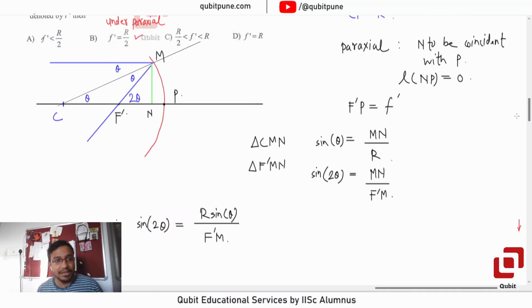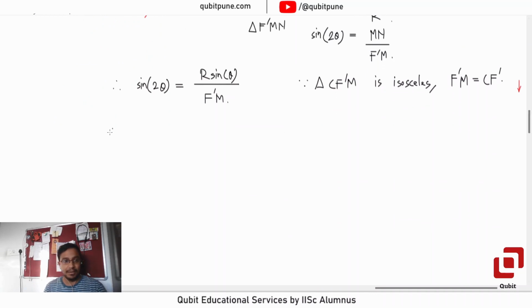But since triangle CF prime m is isosceles, f prime m can be written as CF prime.